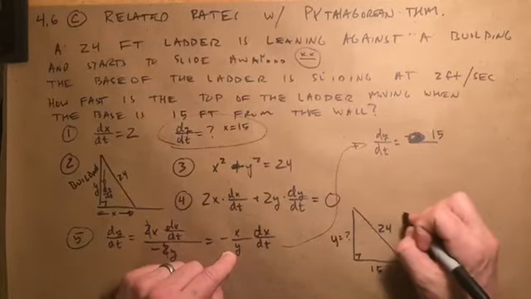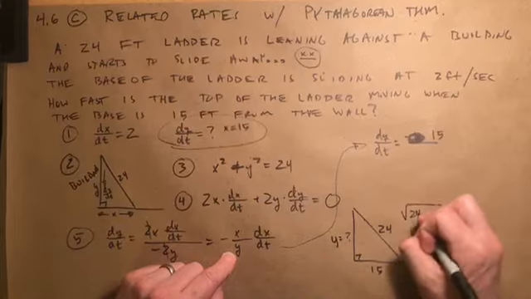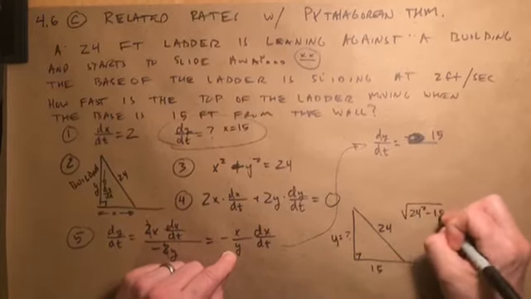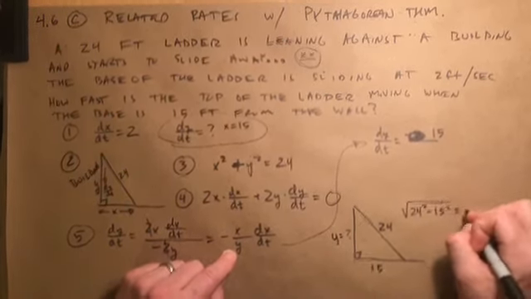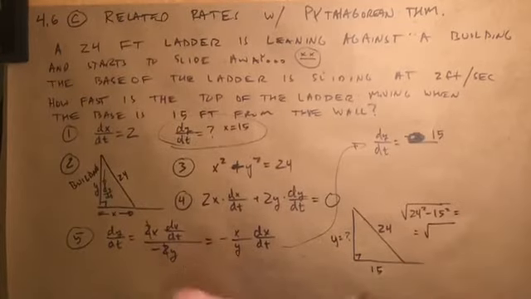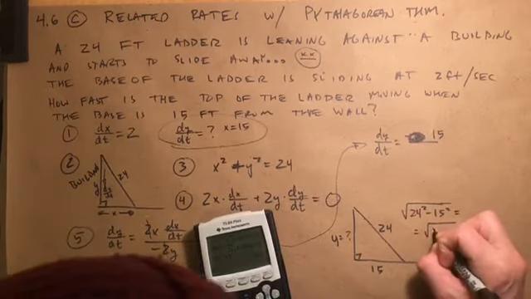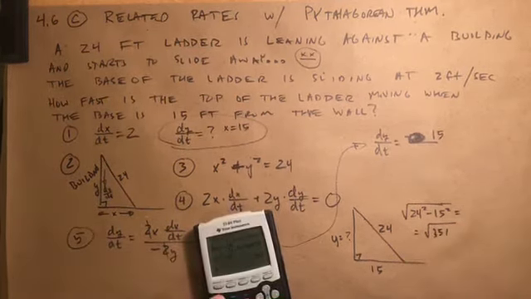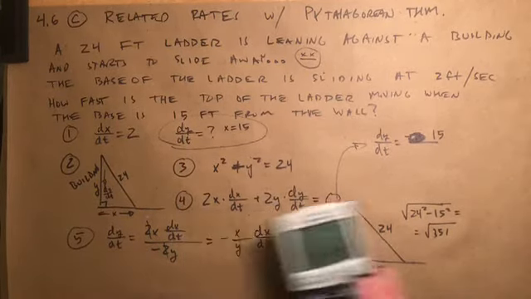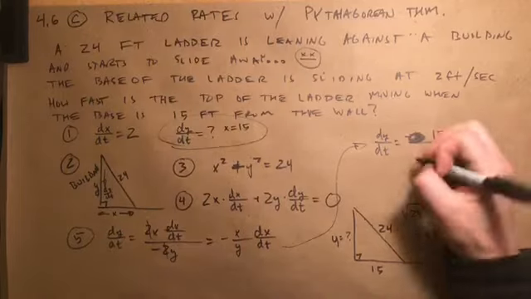So y is equal to the square root of 24 squared minus 15 squared, which turns out to be the square root of 351. Which is approximately 18. But I don't even care. I like exact answers better.